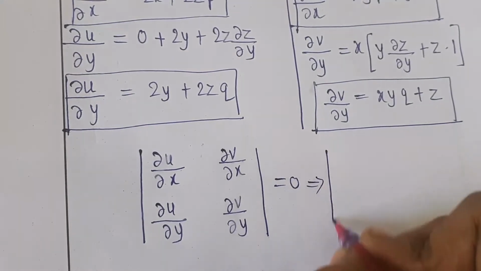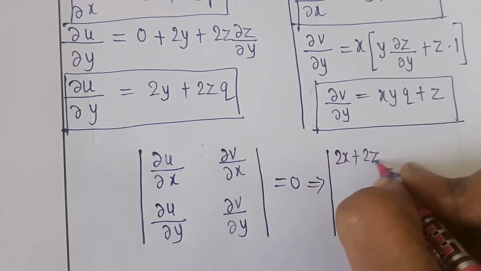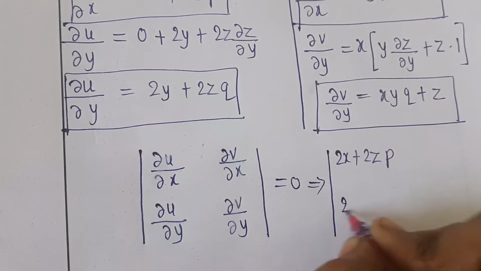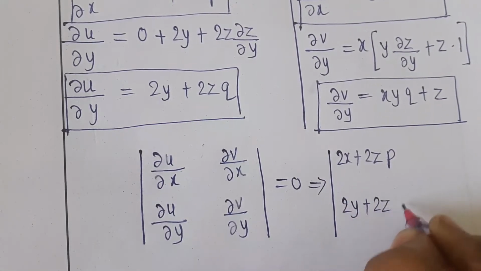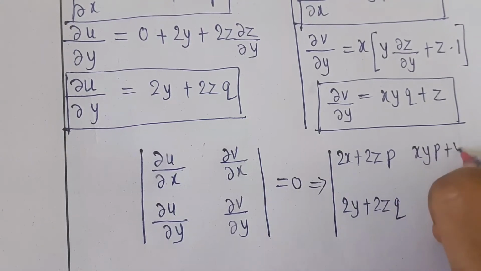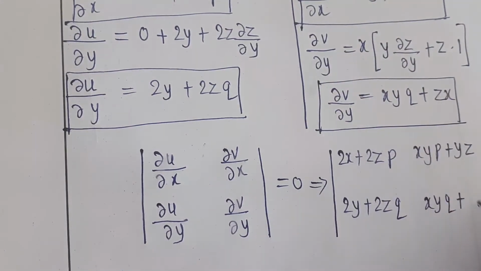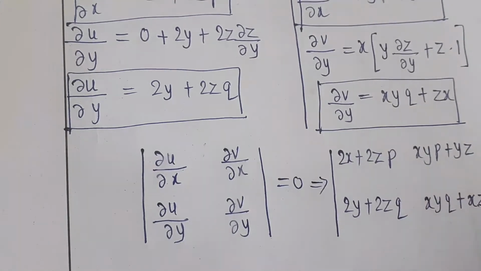Del u by del x is equal to 2x plus 2zp. Del u by del y is 2y plus 2zq. Del v by del x is xyp plus yz. And this is xyq plus xz, equated to 0.